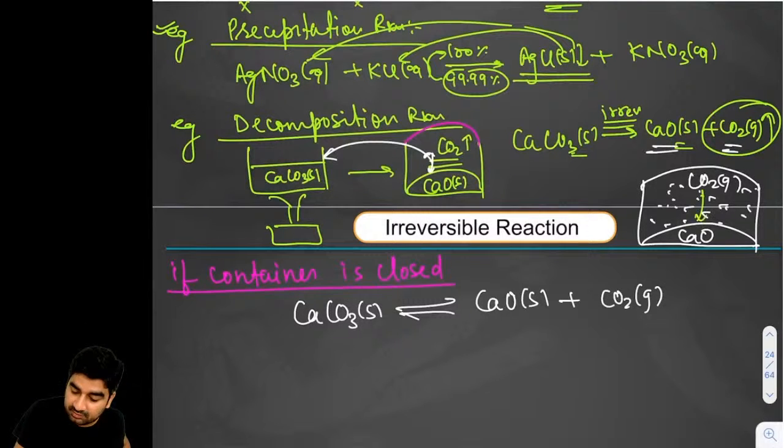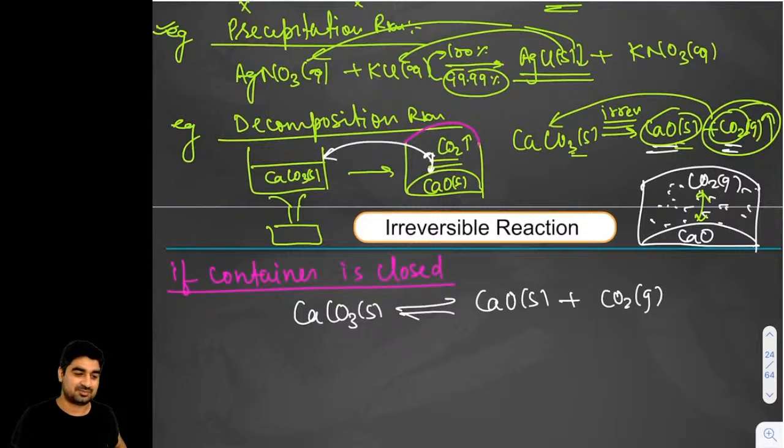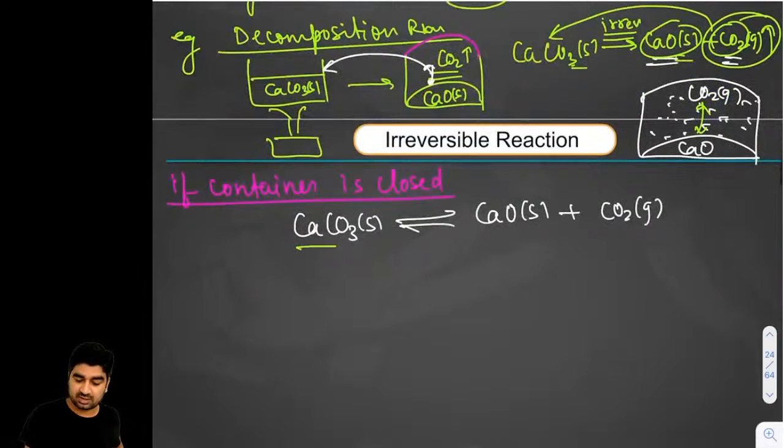The CO2 will combine with CaO and they both will form CaCO3. It will not escape at all. So now you are getting CaCO3 giving you CaO and CO2 gas if your container is closed.